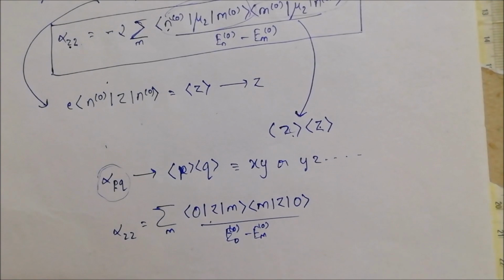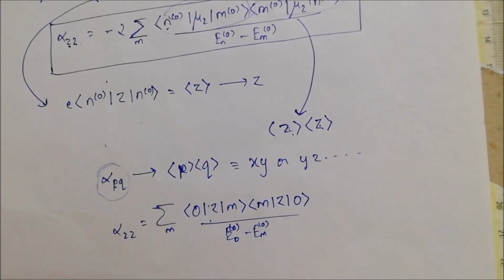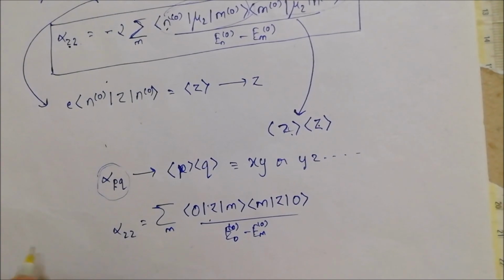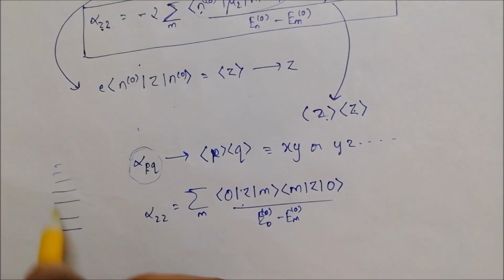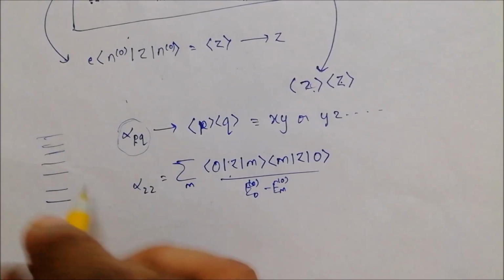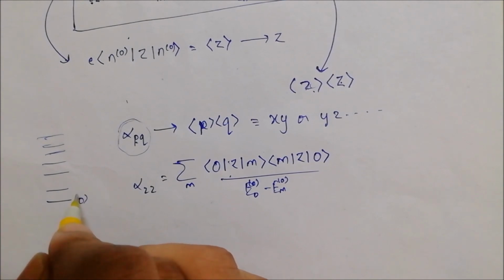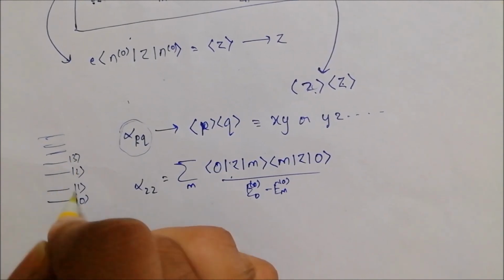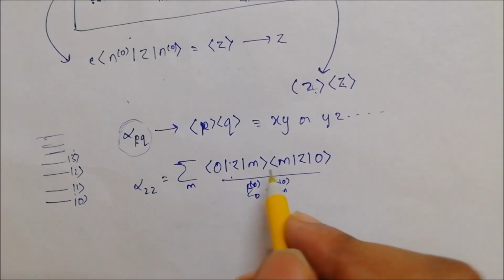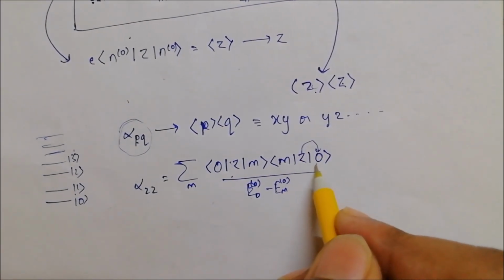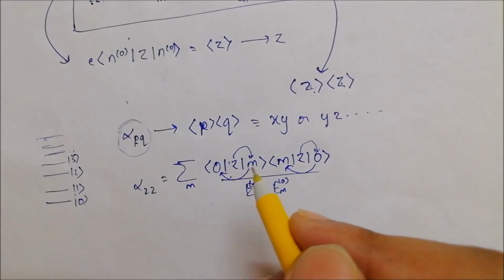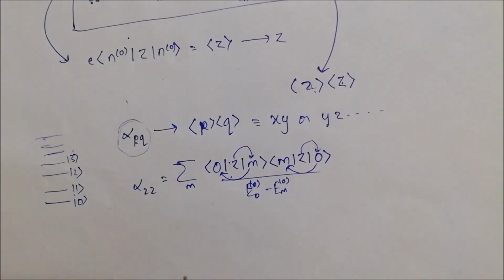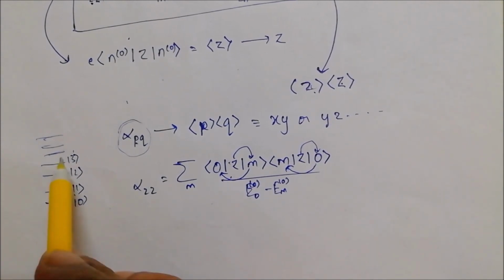You can think of this whole expression as if your molecule was having many different levels. I'm just drawing the levels, these are not to scale. Suppose this had many non-degenerate levels, 0, 1, 2, 3, and so on. What you can see is that z operates on 0 and takes it to the m state, and again z operates on m and takes it to the 0th state. So you can think of it as the moment being developed between different eigenstates of the molecule due to the electric field.